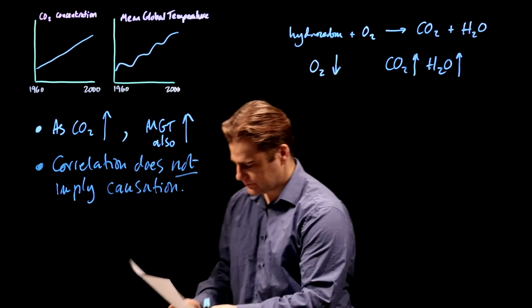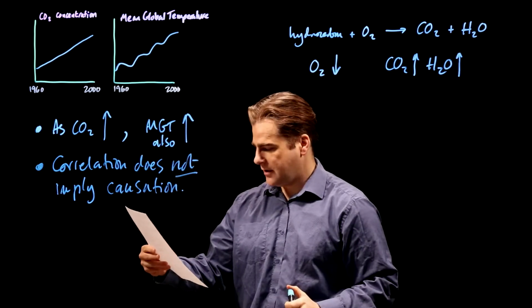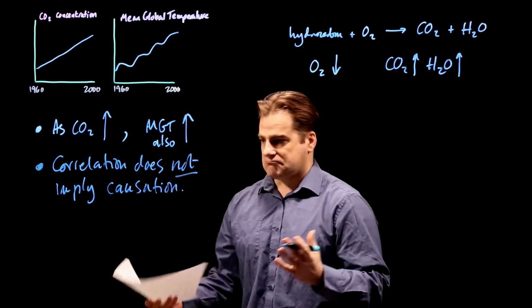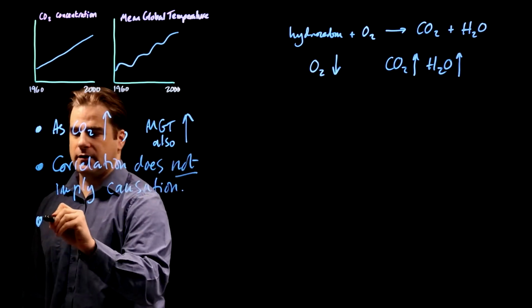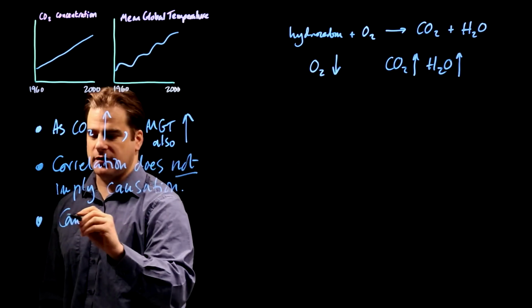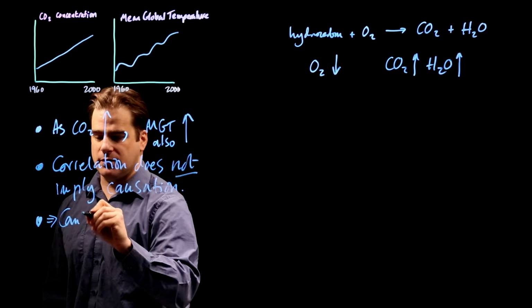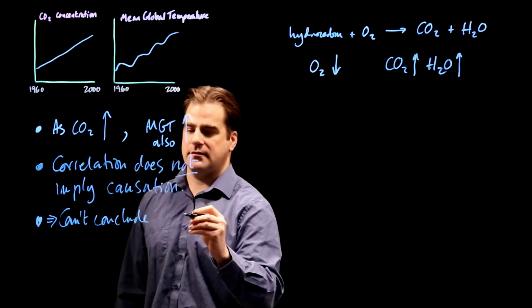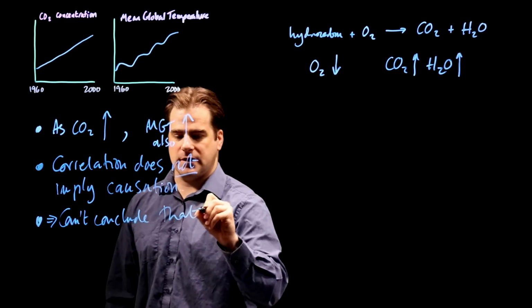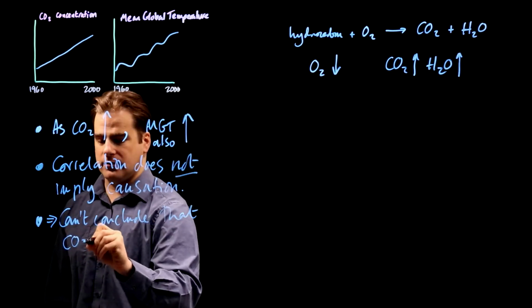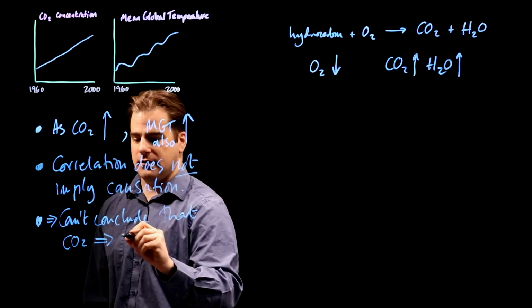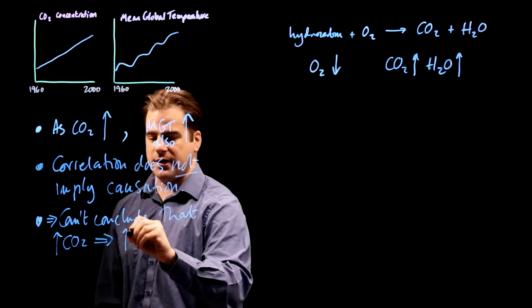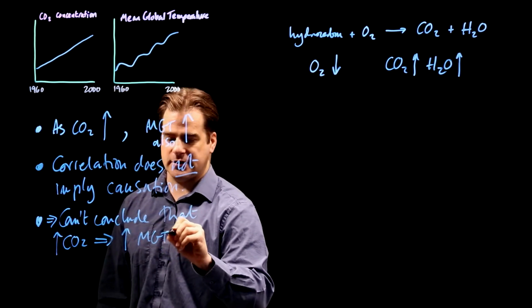And therefore, how do you want to finish it off? Yeah, you just say that you can't conclude that CO2 leads to an increase in the mean global temperature, okay?